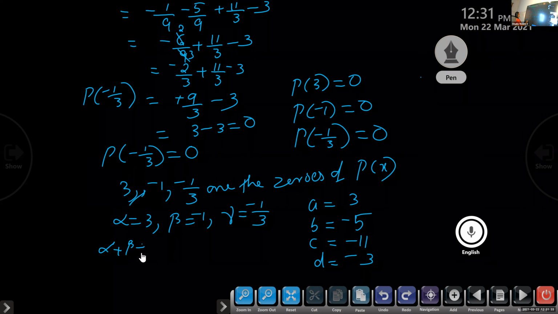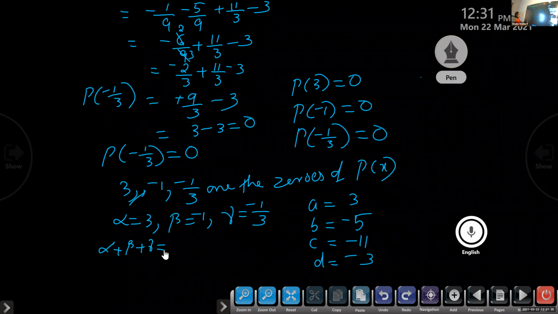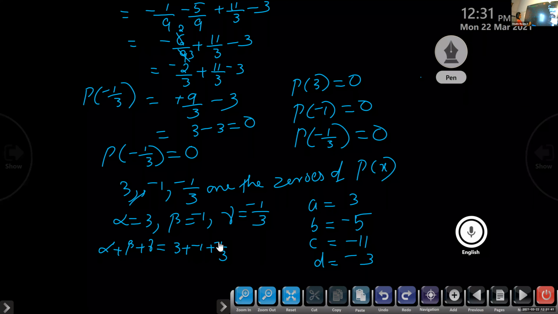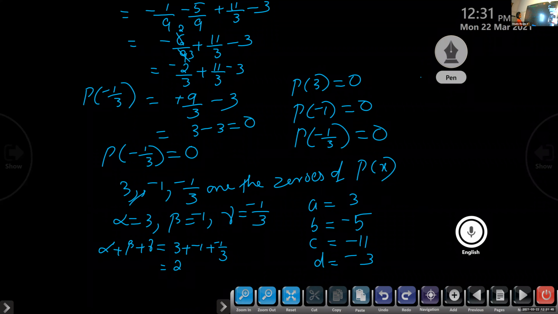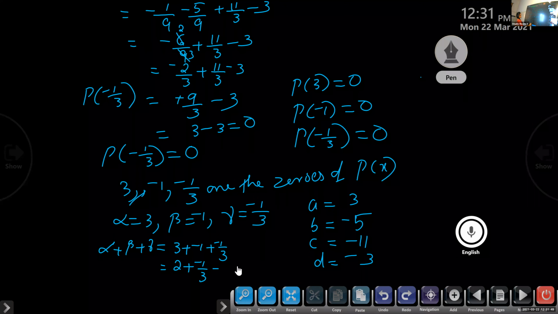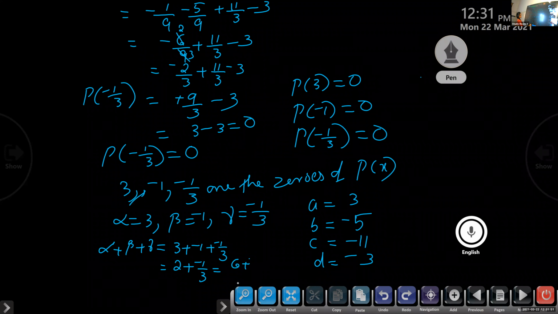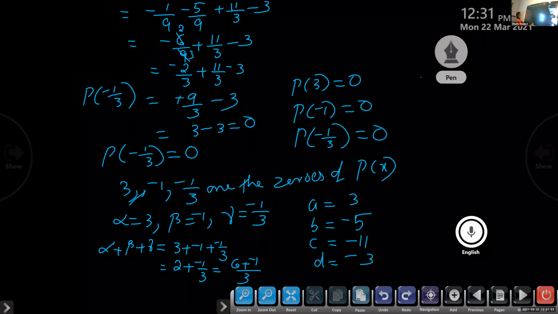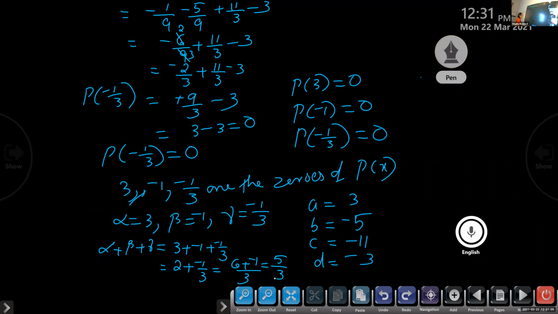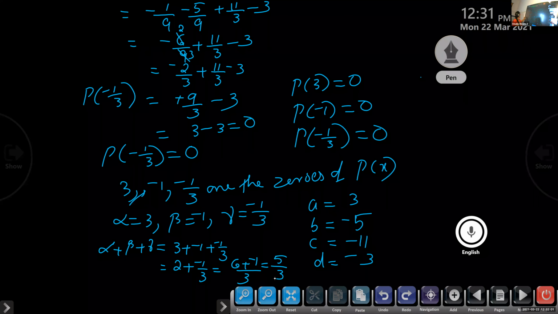First we will take the sum of zeros, alpha plus beta plus gamma. Alpha is 3 plus -1 plus -1/3. That is 2 plus -1/3, which is 6 minus 1 by 3 by taking LCM. So this is 5/3. Alpha plus beta plus gamma equal to 5/3.